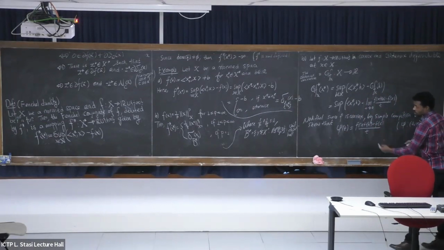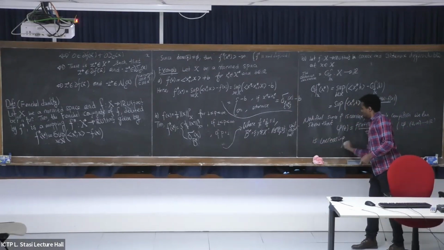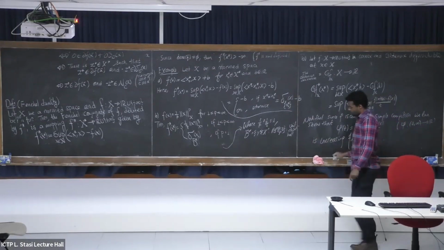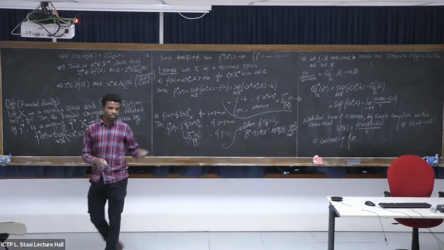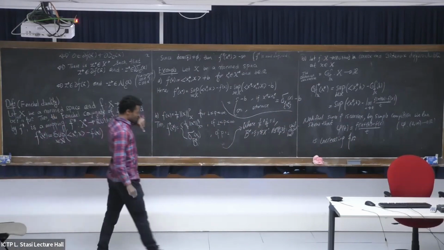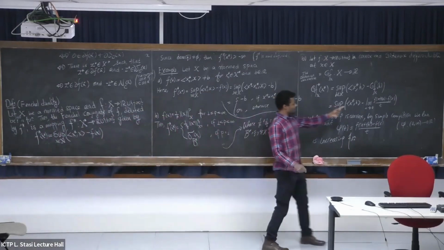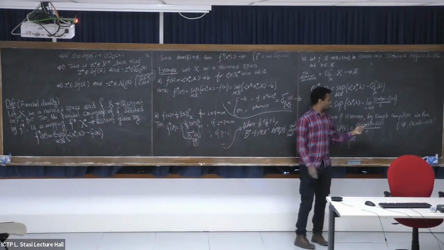We can show that this is an increasing function. Very easy to show. If it is increasing, the limit as t goes to 0 means that the limit is the infimum over t of this value.